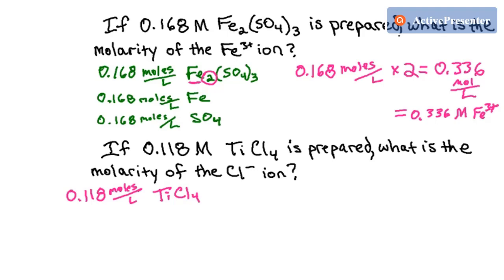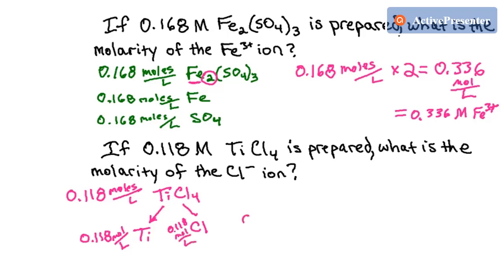Well, it doesn't matter if we break this apart into, here's Ti over here and Cl over here, it's still going to be, either one of them is going to have 0.118 moles per liter in it, on both of them. They'll each have 0.118 moles per liter.